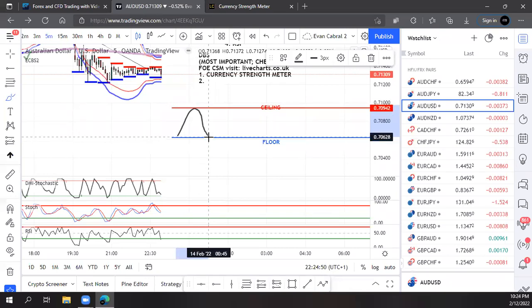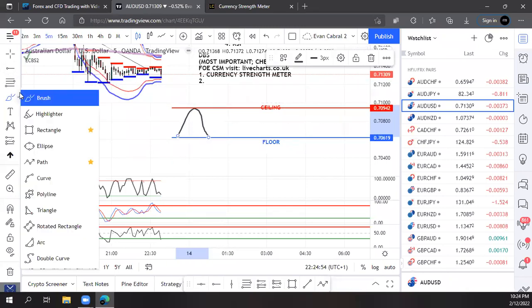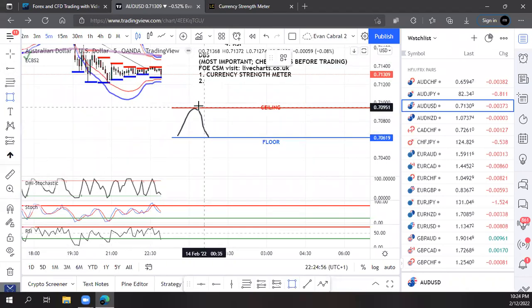It falls back down, right? This place that the ball hit and came back down is called what? It's called resistance, right? It's called our resistance.